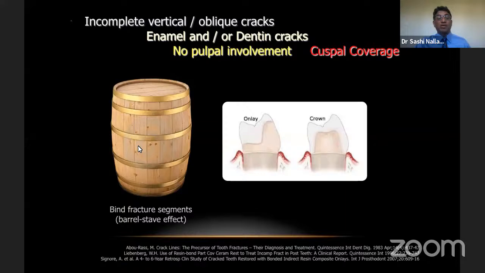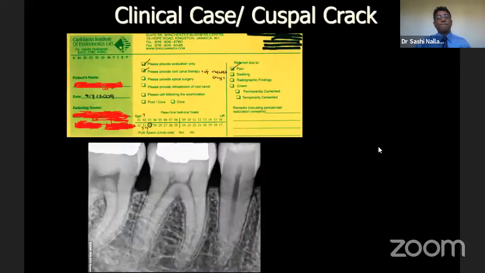You have a barrel with all these crack lines, and you put these metal rings around them to hold them together. So that's the basic concept when you're doing these onlays and crowns. They are essentially holding the fragments together and not causing any symptoms like fluid movement and sensitivity in the tooth.